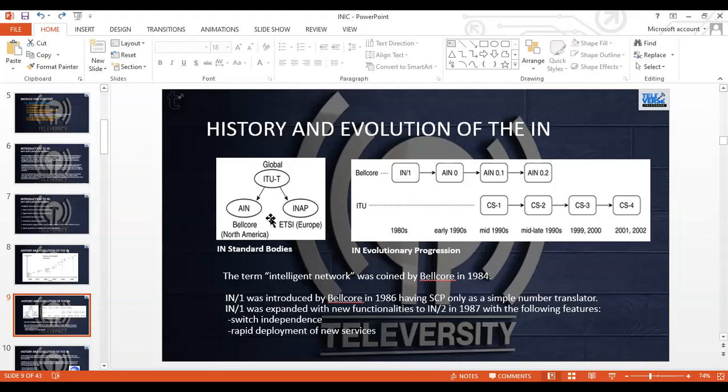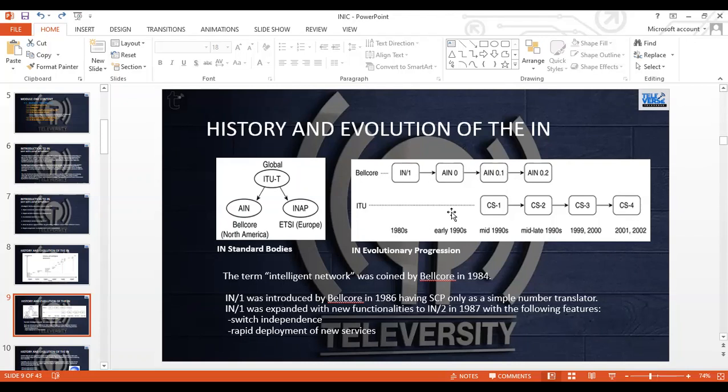So INAP came from those two bodies under the global standard body ITU-T, which had different versions of the IN concepts. So we have ETSI, and Bellcore, which is in North America. Like I said, the Bellcore guys were the people who introduced the term IN, intelligent network.